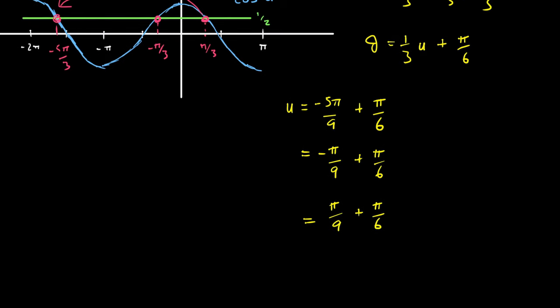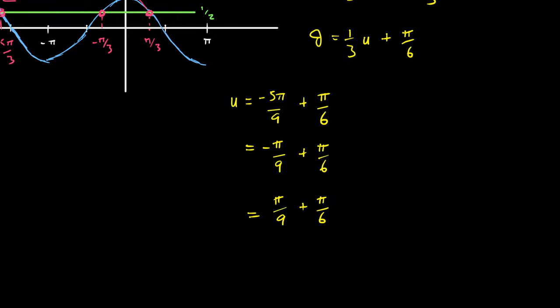So now the last step is just a bit of fraction work. What's the common denominator of 9 and 6? It's going to be 18. So I'm going to times the first fraction top and bottom by 2, so negative 10 pi upon 18, and the next fraction top and bottom by 3, so 3 pi upon 18. Same thing with this guy, so that'll be minus 2 pi upon 18 plus 3 pi upon 18.